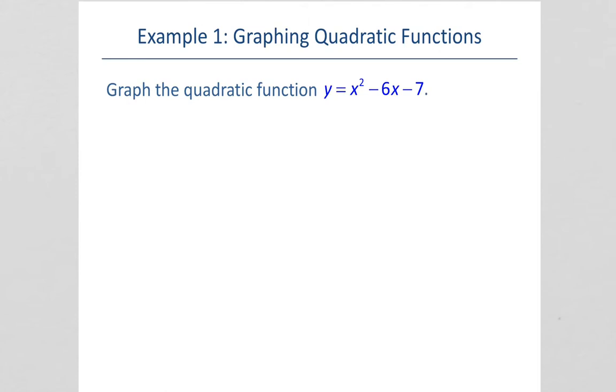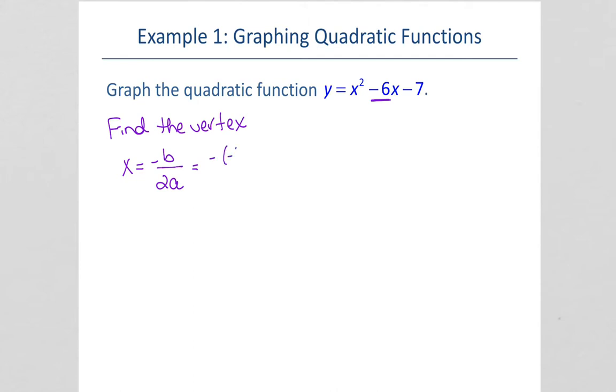So we want to graph this function here. We'll start by finding the vertex. So x is negative b over 2a. b is the number that comes before x.